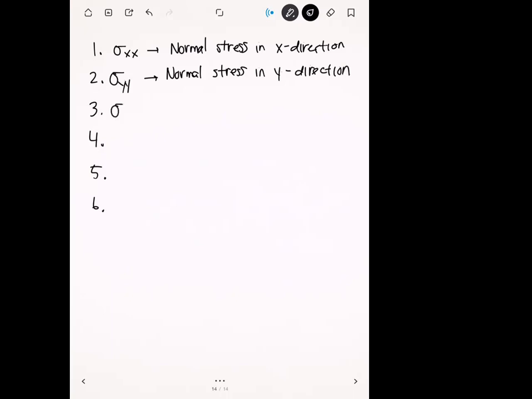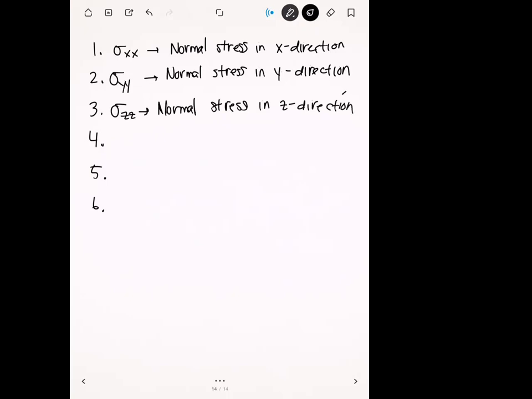Then we have sigma zz. Sigma zz is a normal stress in the z direction. Normal has 1 L. Okay. All right, so those ones are pretty straightforward, okay?